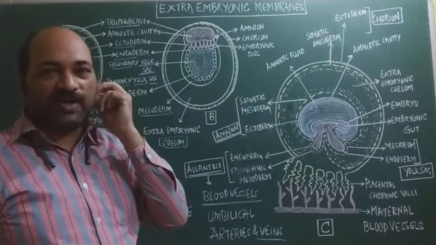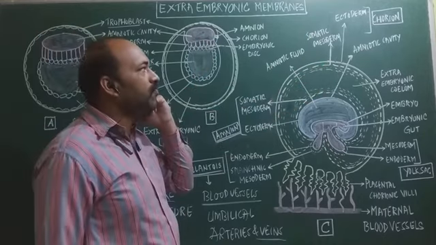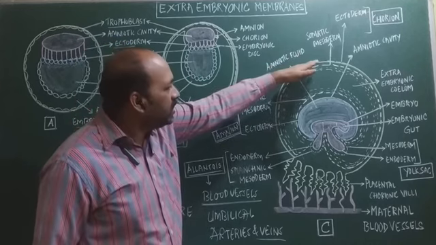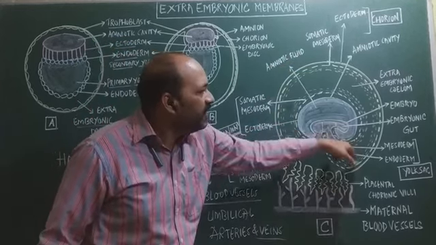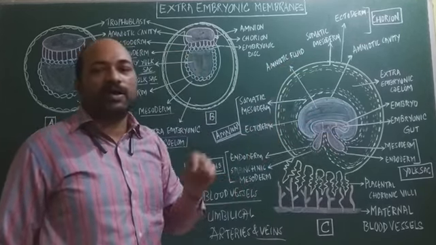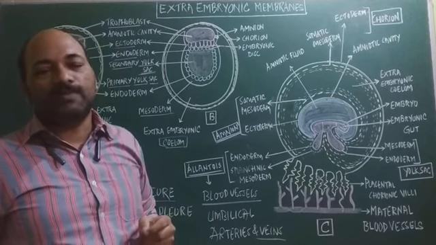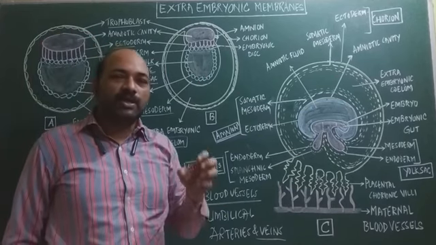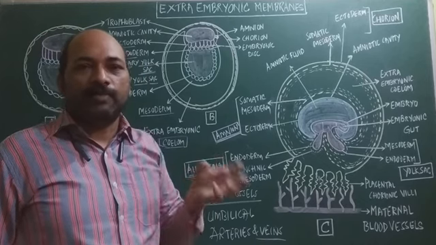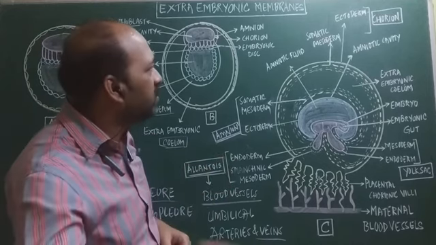Then what is its function? This chorion contains a cavity, and that cavity consists of the chorionic fluid. This chorionic fluid acts as a shock absorber and protects the embryo. That is the first function.